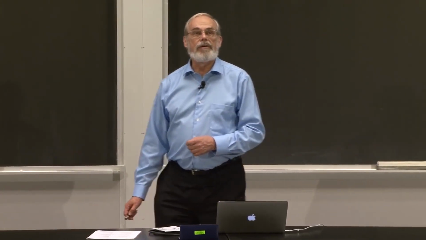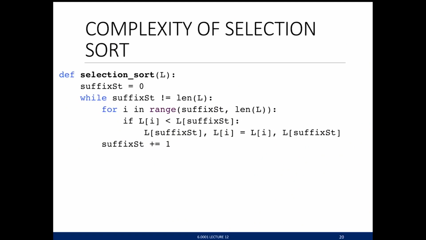So here's code that would do that. Here I'm just going to set a little thing called the start of suffix, or suffix start. Initially, it's going to point to the beginning of the list. And then I'm going to run a loop. As long as I still have things to search in the list, that pointer doesn't point to the end of the list, what am I going to do?